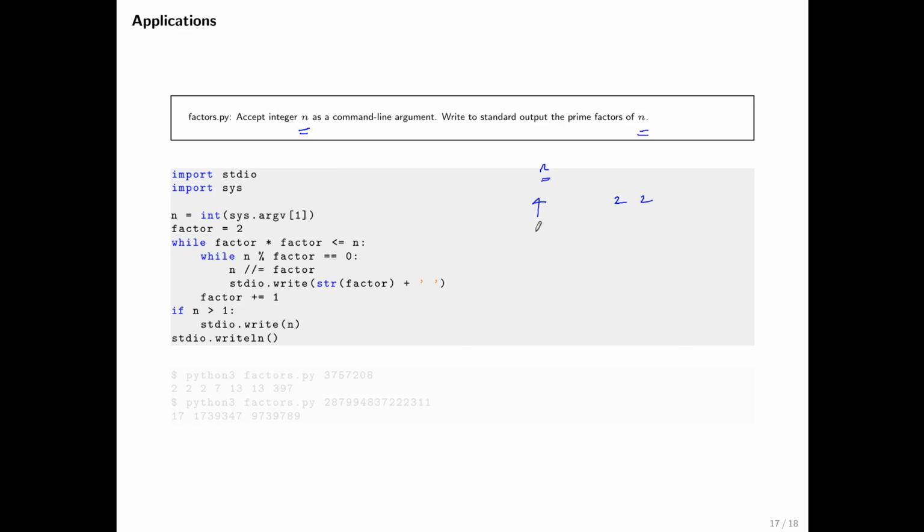If n is 6, it's going to write 2 and 3 because 2 times 3 is 6. And so on. And if you give it a prime number such as 11, it's simply going to write 11 out because it doesn't have any prime factors other than 1 and itself.